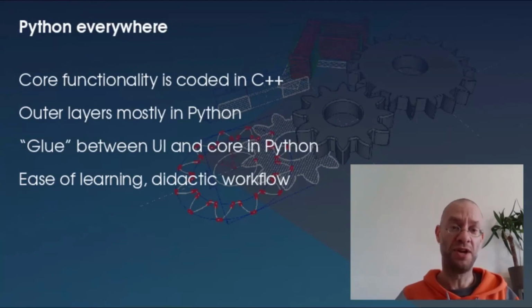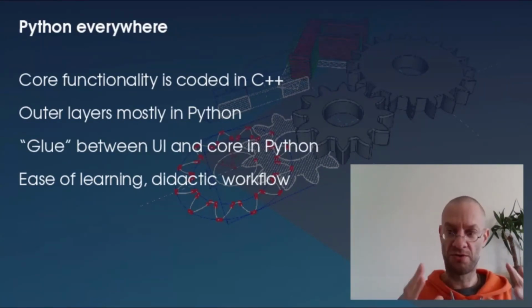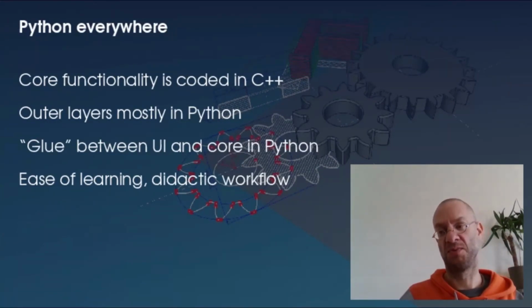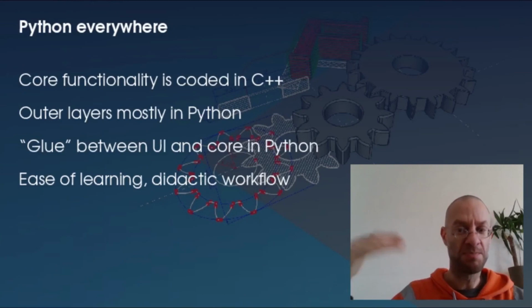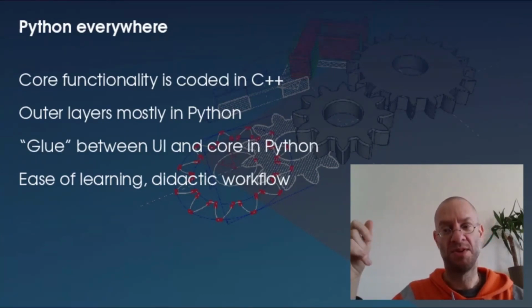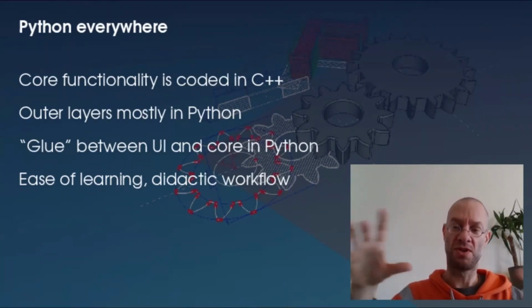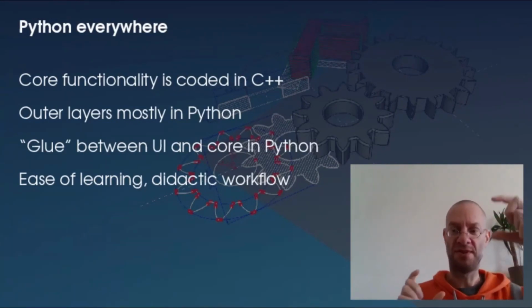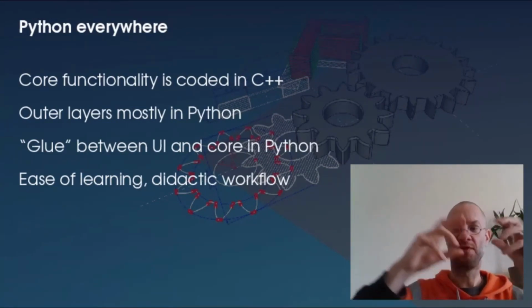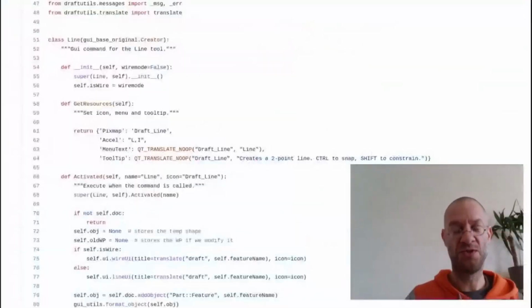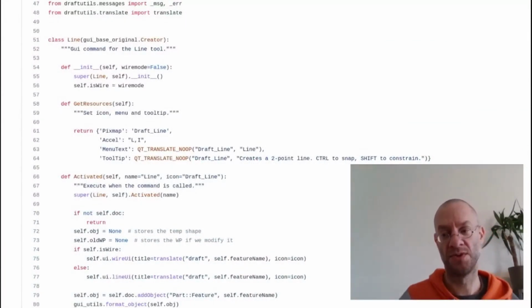In FreeCAD, most of the core functionality is coded in C++, which is a much more efficient language. So everywhere we need efficiency and speed, it's coded in C++. But most of the outer layers that define the tools themselves, the interface, how things work for the user, are coded in Python.